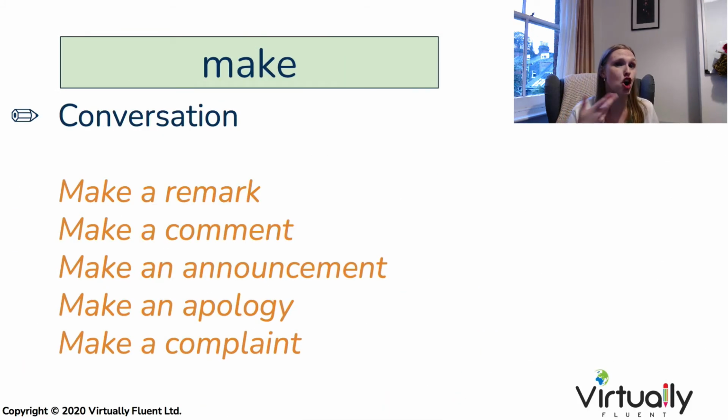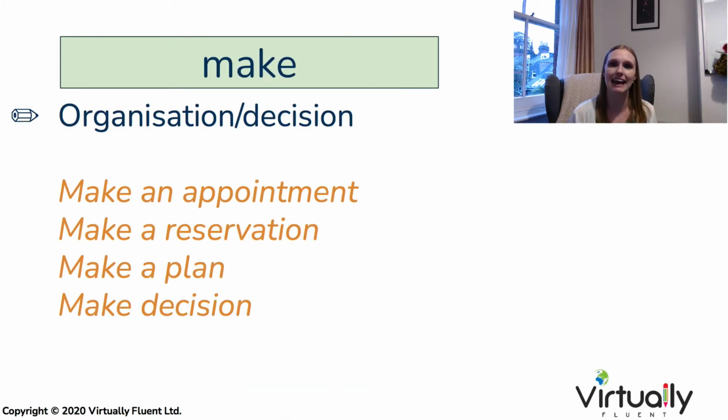Anything connected to conversation and speech is also make. To make a remark, to make a comment, to make an announcement, to make an apology, to make a complaint. And finally, anything connected with organization, management, making decisions is also make. For example, to make a decision, to make an appointment, to make a plan, to make a reservation.